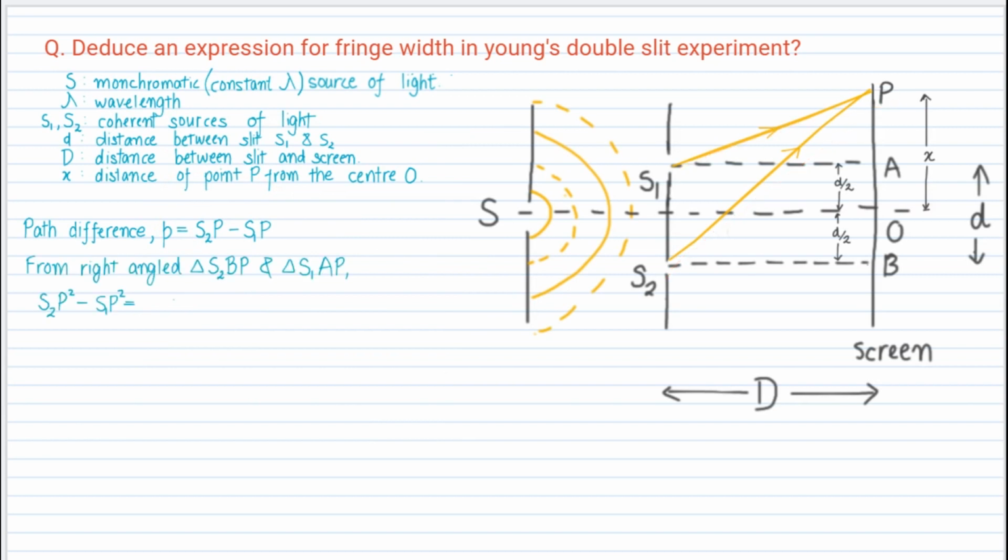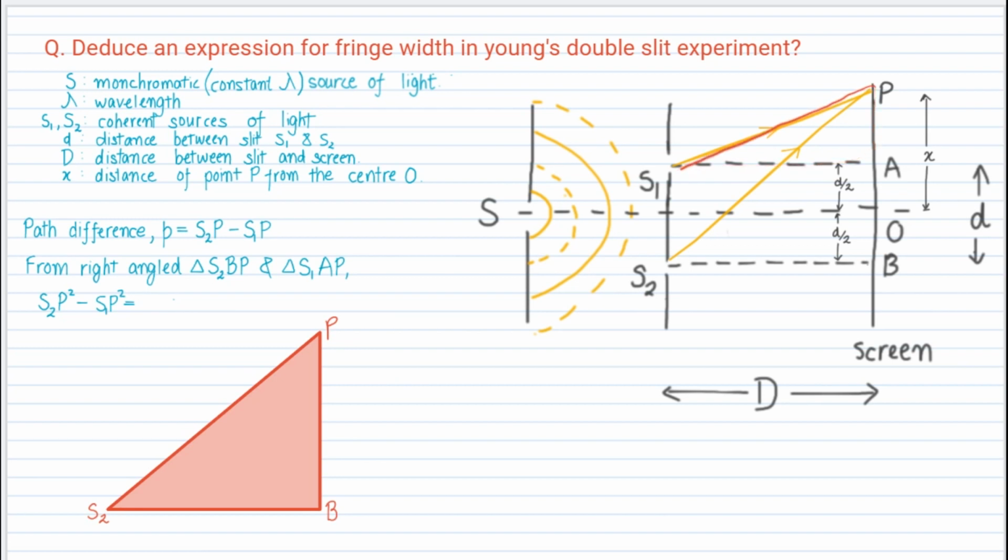Now consider your right angle triangle S2BP. This is your triangle S2BP. And now consider your triangle S1AP.